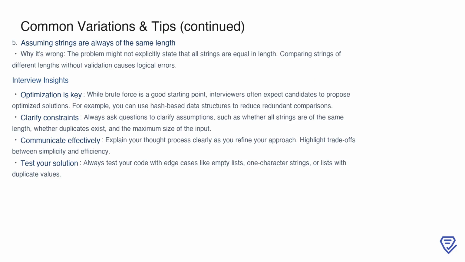Beyond this, communicating your thought process effectively is just as important as solving the problem. Make sure to articulate the trade-offs between simplicity and efficiency as you refine your solution. Finally, always test your code with edge cases like empty lists, one-character strings, or lists that include duplicates. This ensures your solution is robust and ready for real-world scenarios.